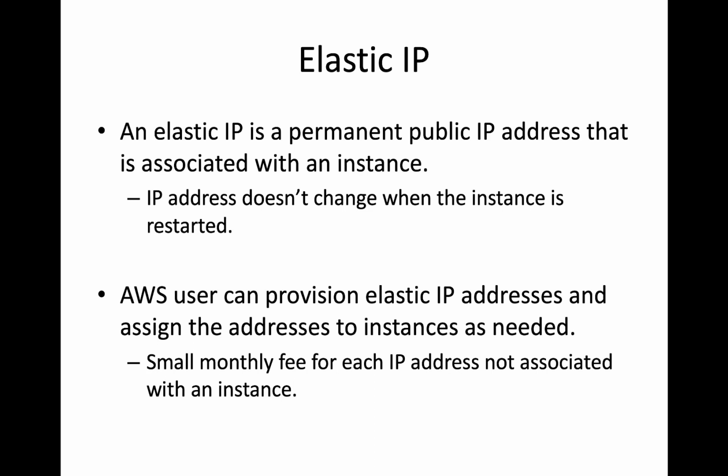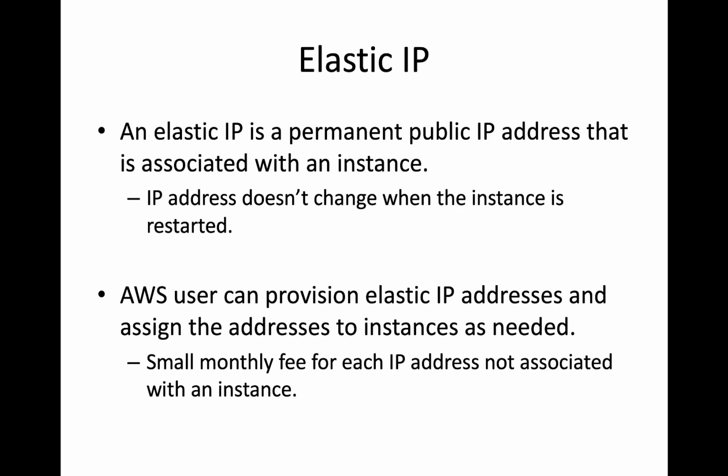and then you would assign that elastic IP address to an EC2 instance. IP addresses, as it turns out, are sort of in short supply. And so if you were to provision an elastic IP address and not associate it with an EC2 instance, in other words, you're just sort of keeping it around, you've tied up that IP address so nobody else can use it.